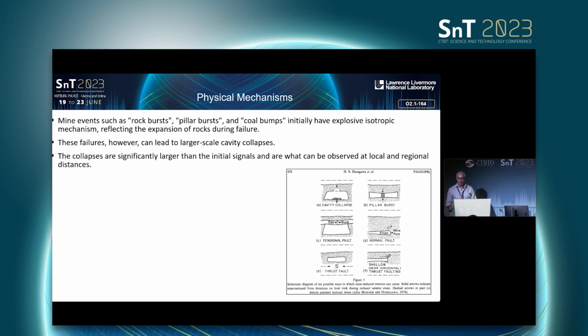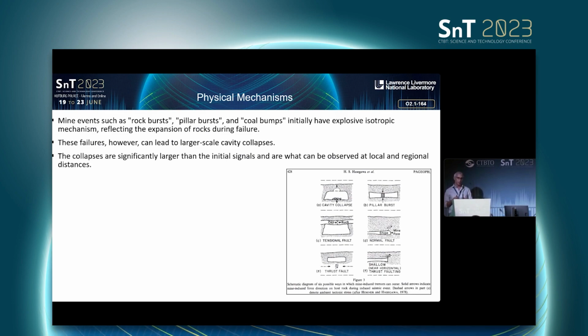There are sort of two types of collapses I'm going to be talking about. The first are related to mine events, and the others are related to nuclear explosions. Addressing the mine event ones for the moment, what we actually see in the Earth is that these mine events are often explosive in origin. You can tell by the name: rock bursts, pillar bursts, coal bumps.